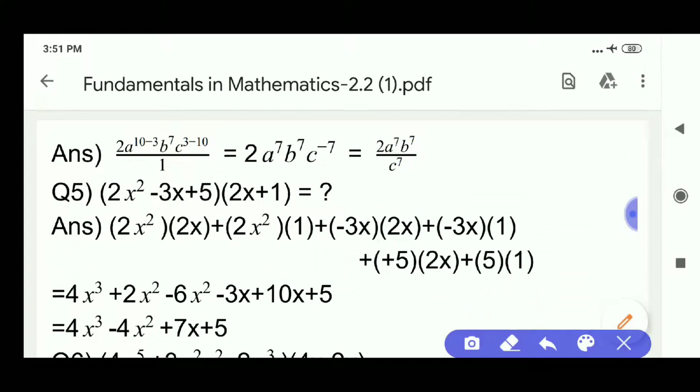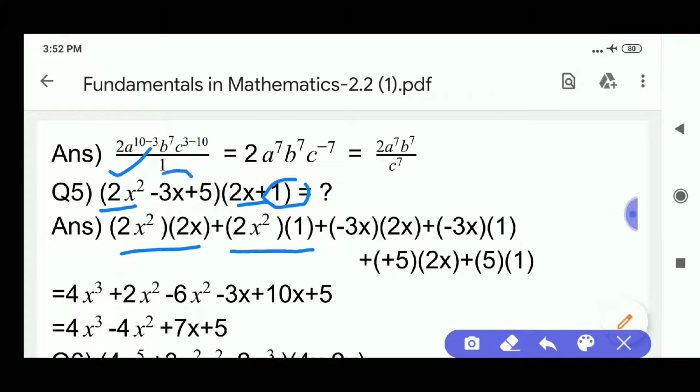Now, one more question. 2x square minus 3x plus 5 into 2x plus 1. Observe carefully. First, finish the multiplication with 2x square. This is 2x square into 2x plus 2x square into 1.